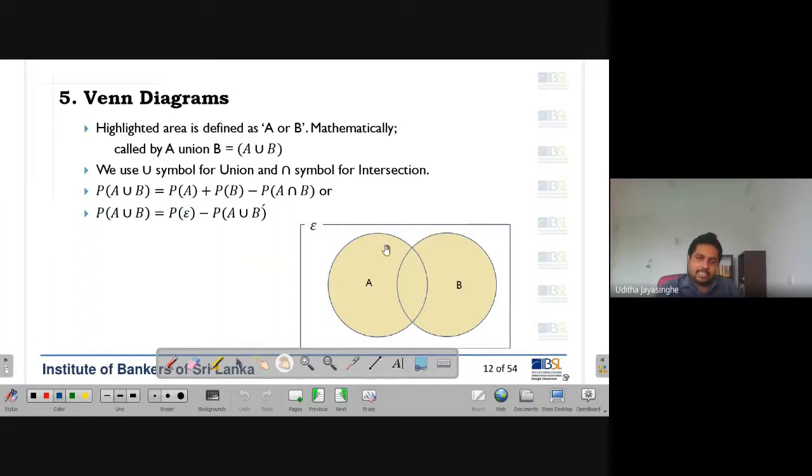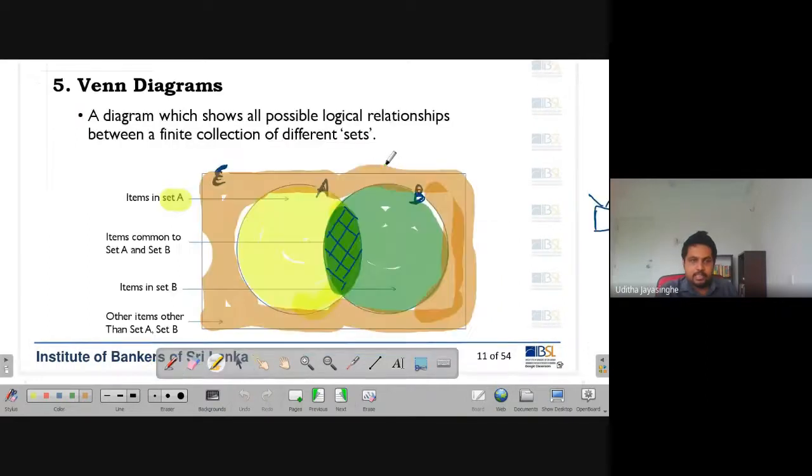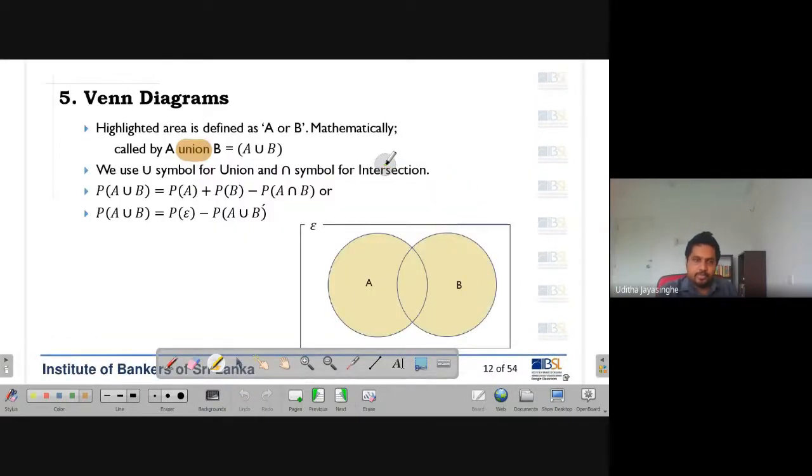Other than this, now we are going to introduce you to two different symbols. We call these the union and intersection. What are these two symbols?